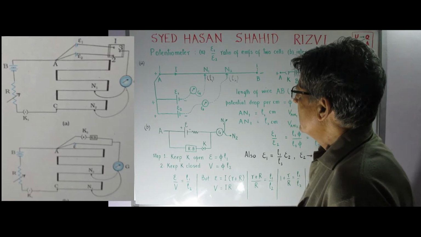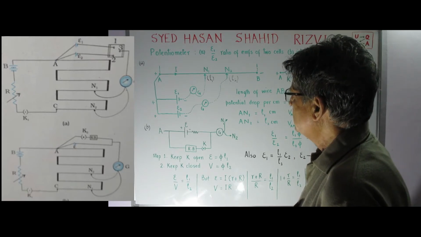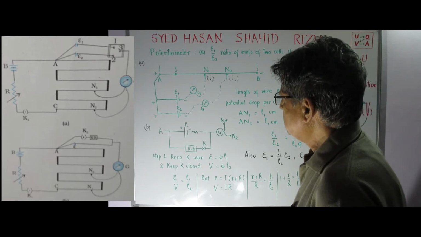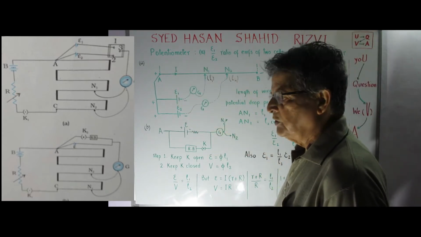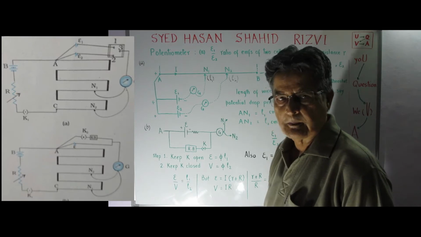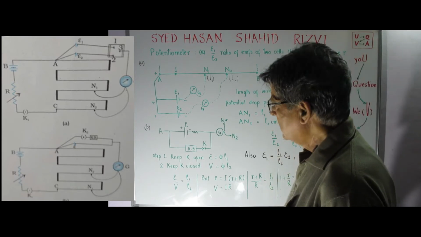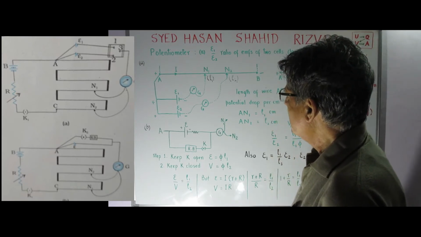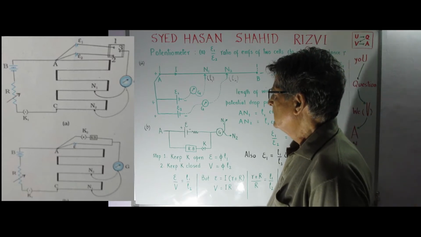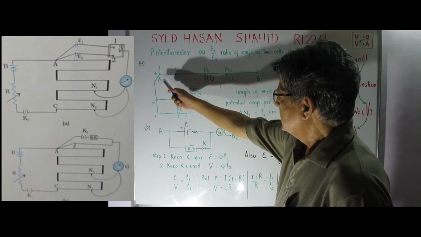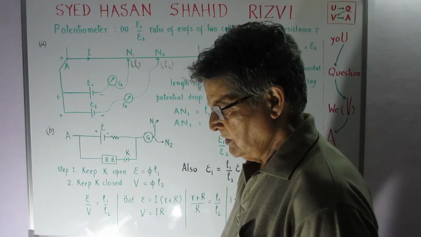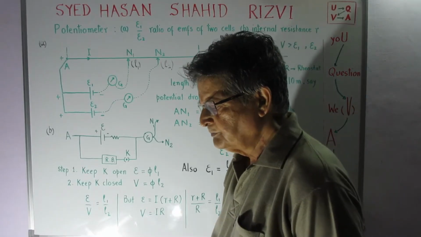Okay. Now what we have is, in a potentiometer, we have a long wire of uniform area of cross section. It's normally a wire of which we make resistances. The length A to B is variable.